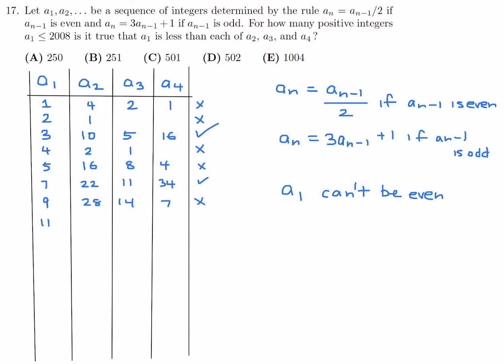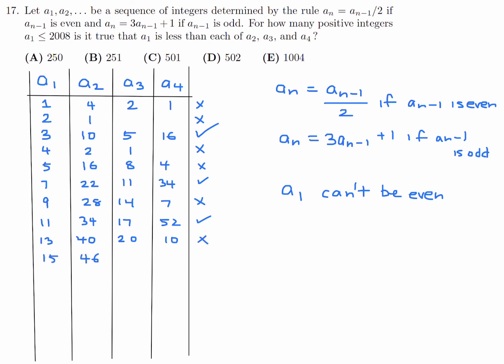That doesn't work. For 11, I get 34, 17, and 52. That works. And just in case you're wondering where I'm getting these numbers from, I'm just employing the rules given in the question. For 13, I got 40, 20, and 10. Does that work? No, it doesn't.